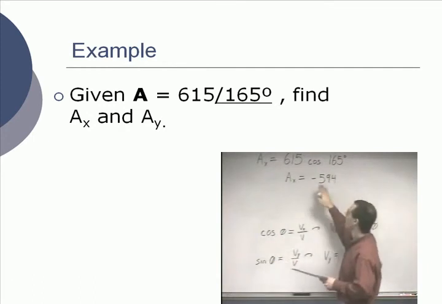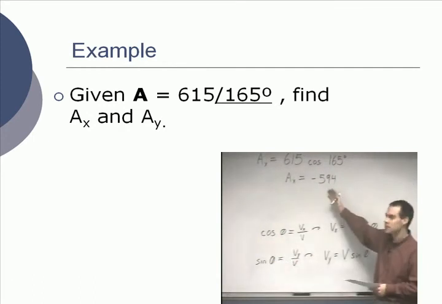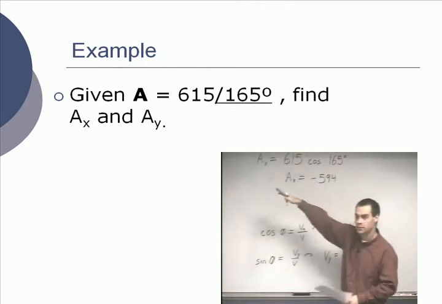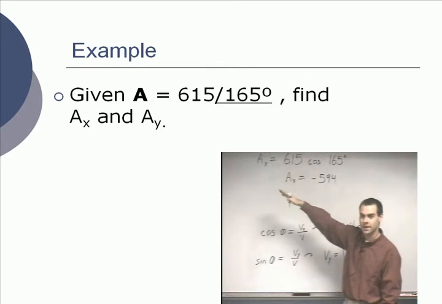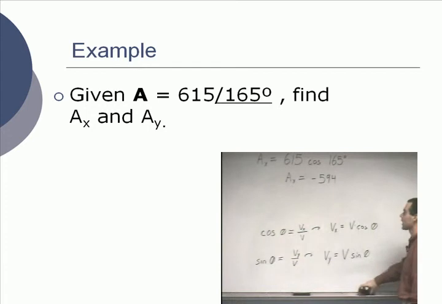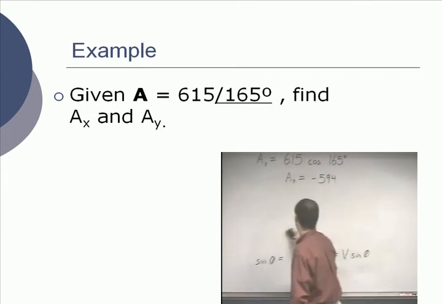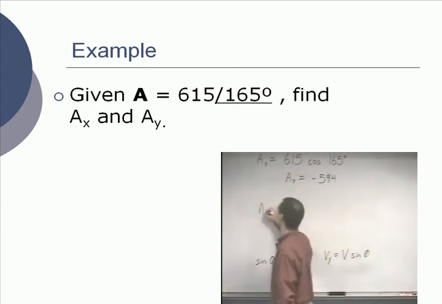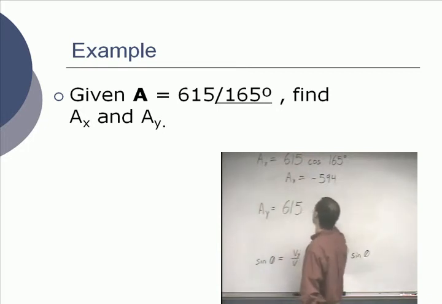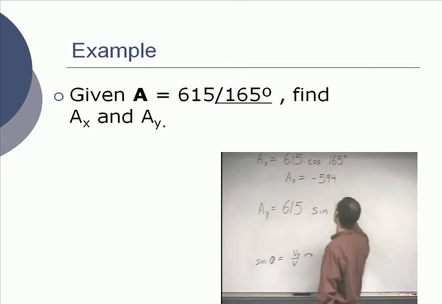Now just think about that. Your x component is negative. Does that make sense? Where does the vector 165 point off to? Quadrant 2. It's pointing off to the northwest. All right? Top left. So it should be pointing off to the left. And it is by the negative sign. The y component is going to be 615 times the sine of 165 degrees.